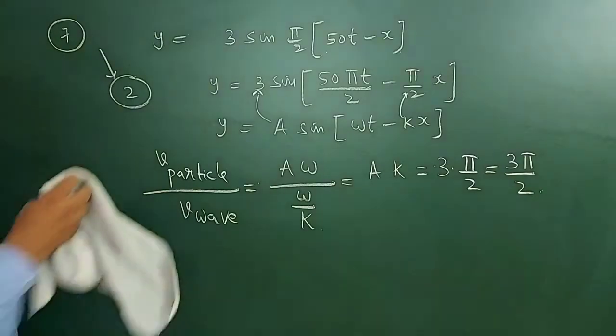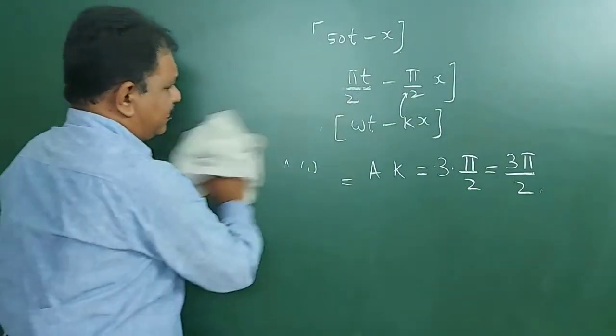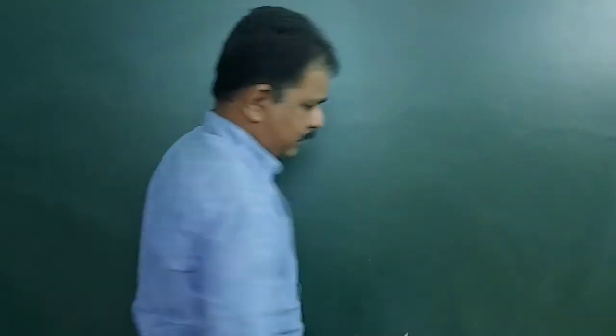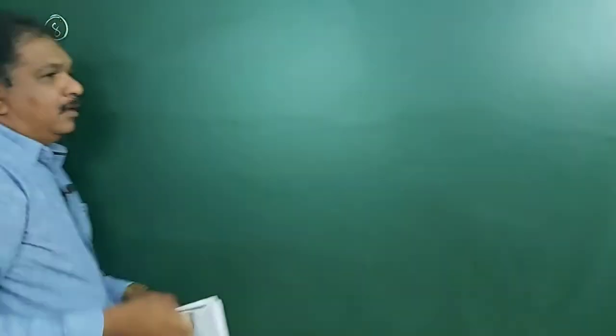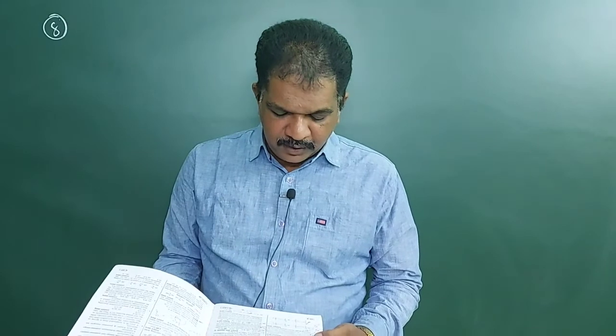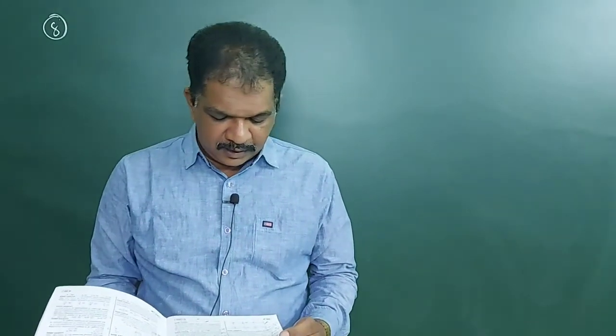Next, see the 8th one. What are they asking? The oscillation of a body on a smooth horizontal surface is represented by x is equal to a cos omega t. Then if they draw the graph between acceleration and time, how will the graph be?